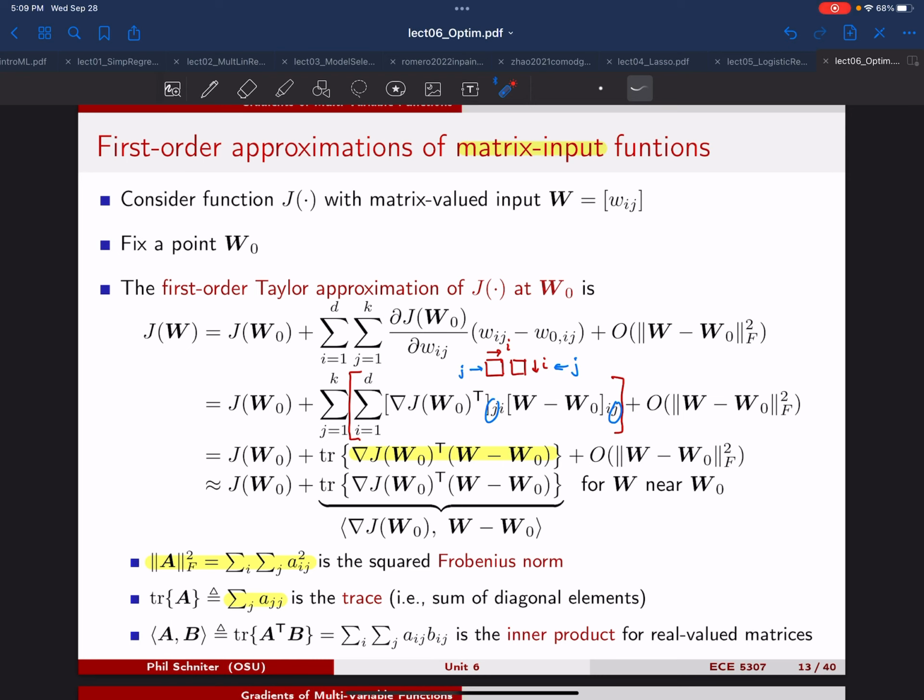So what we see at the end of the day is even for matrices, we have this same form as for vectors. J at W is J at the reference plus the inner product between the gradient and the perturbation. So it has exactly the same form. All that we change is the definition of the inner product.